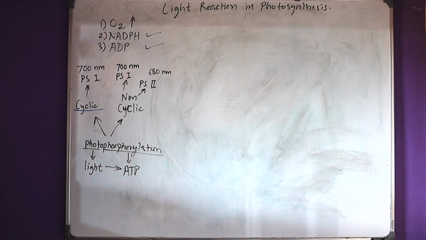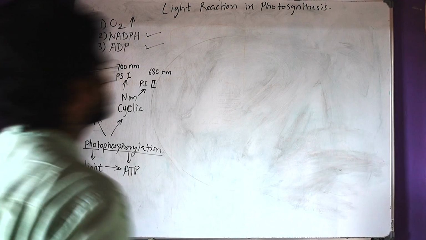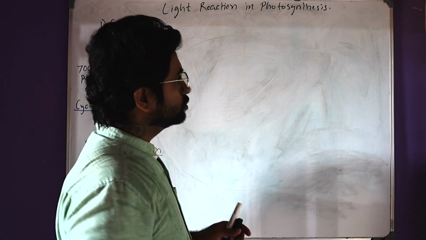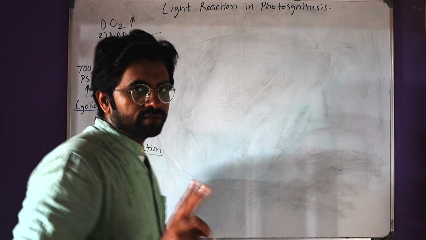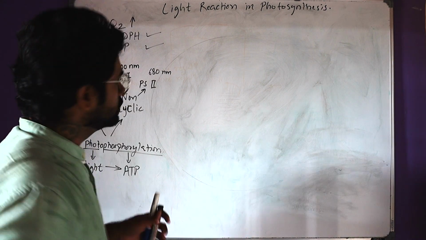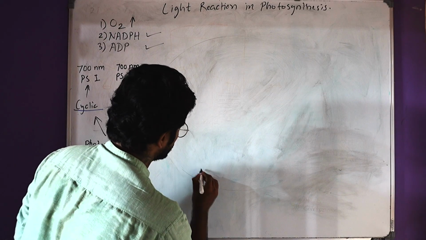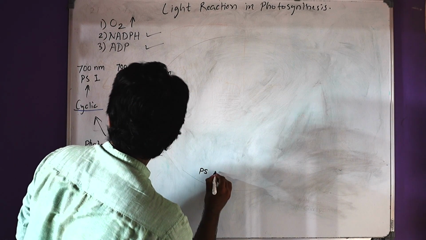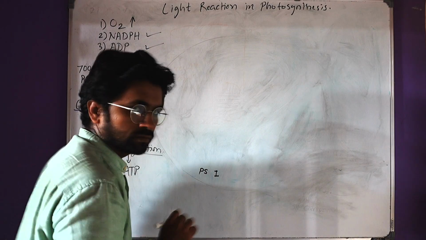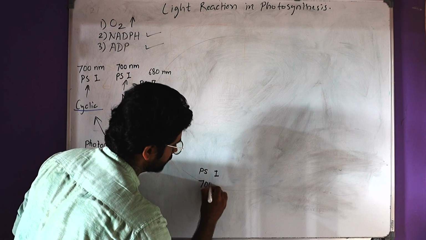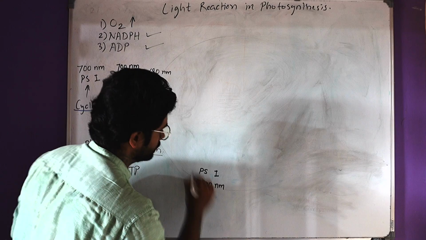Okay. So first one is cyclic, second one is non-cyclic. As we have said, suppose there is photosystem 1, which can absorb 700 nanometer of light.